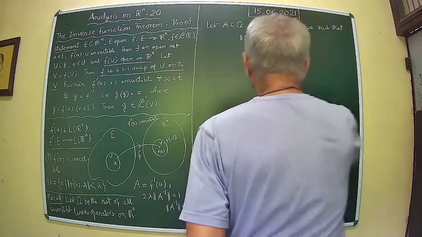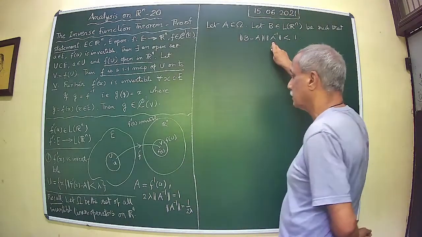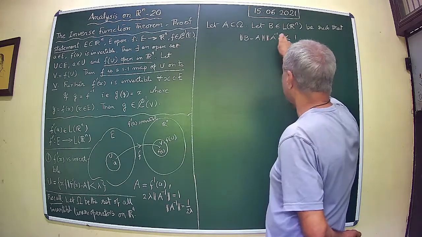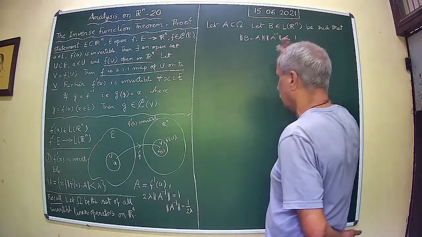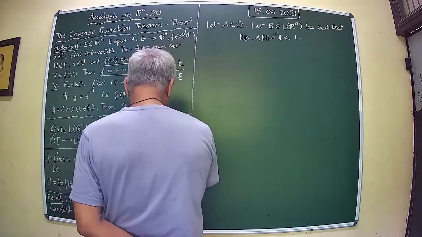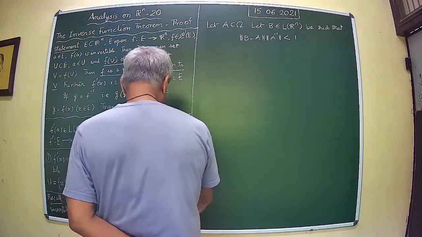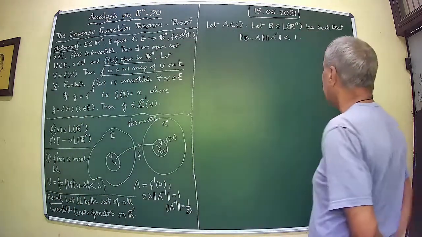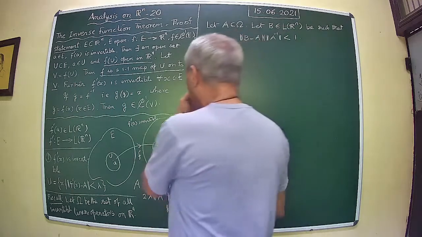Now you know that A inverse is a bounded linear transformation on Rn. Therefore, its norm is finite. Norm of A inverse is taken as 1 by 2 lambda in our specific case that we are considering. But this is a very general theorem.